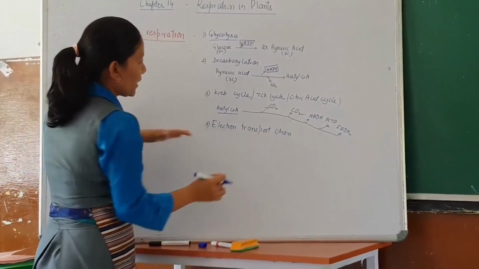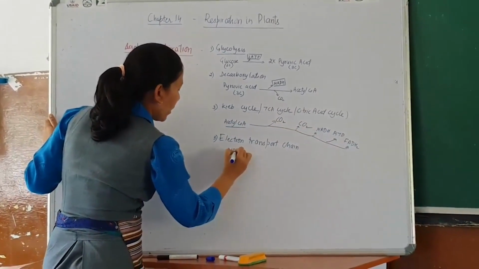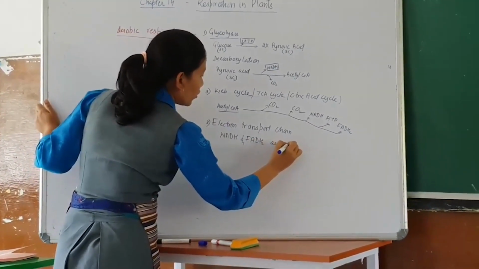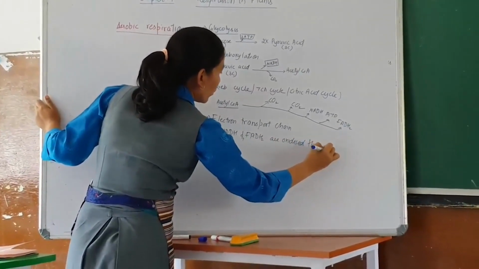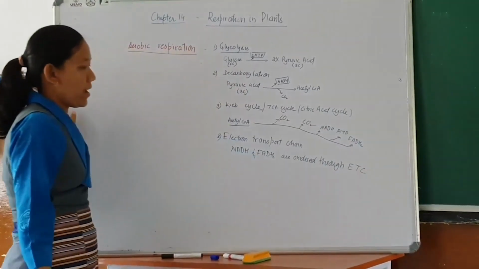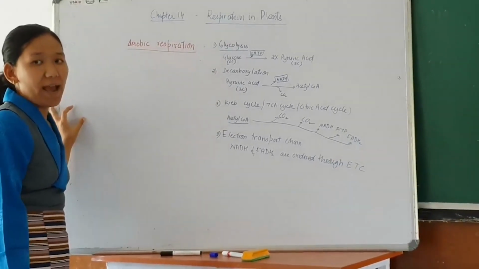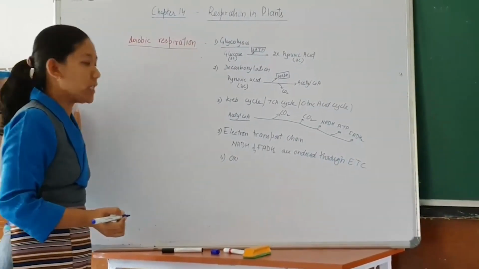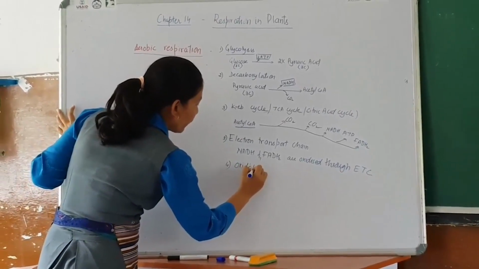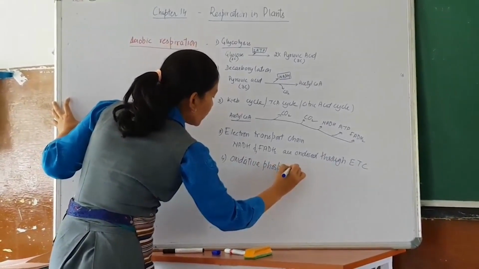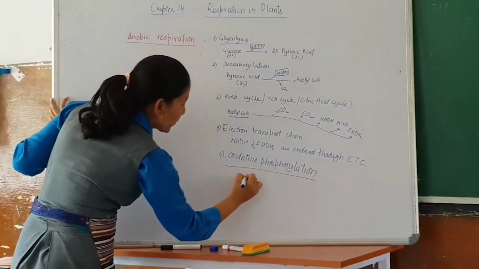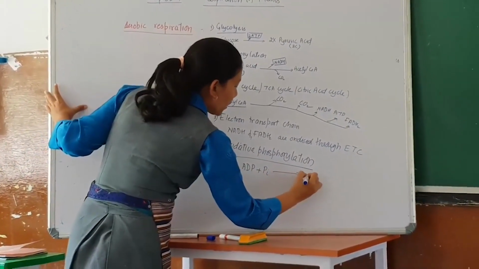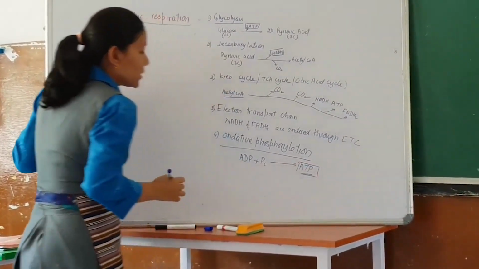So during this, what happens is that NADH and FADH2 are oxidized to the electron transport chain, and this oxidation releases some energy, and that energy is used for the phosphorylation, that is synthesis of ATP, and here it is oxidative phosphorylation, and this involves the binding of adenosine diphosphate plus inorganic phosphate in the formation of ATP, which is the currency of energy.